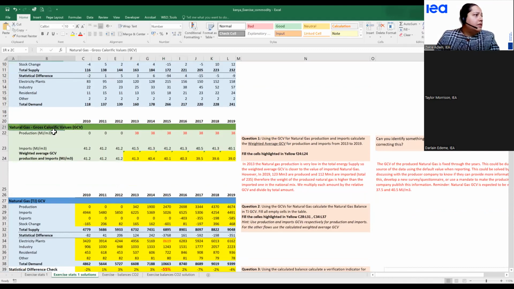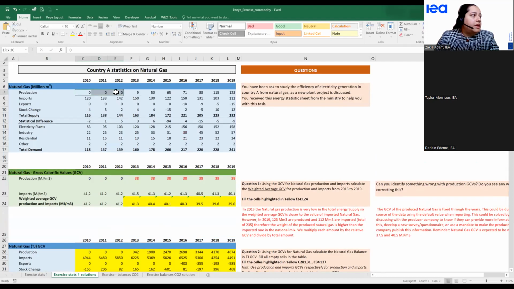So here, in the green table, you have your gross calorific values for production. You see that from 2010 to 2012, there are no values reported. That's also because up here, you can see that there was no production. If there's no production, you don't need a calorific value.